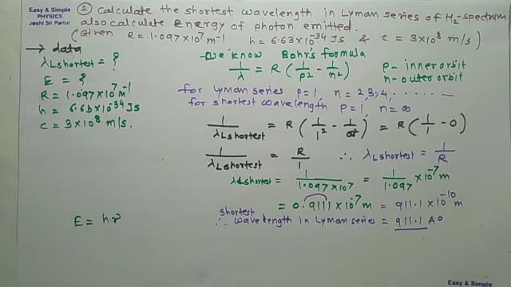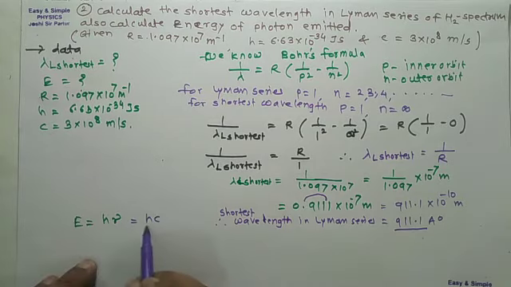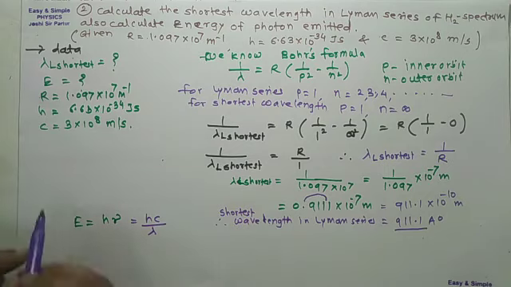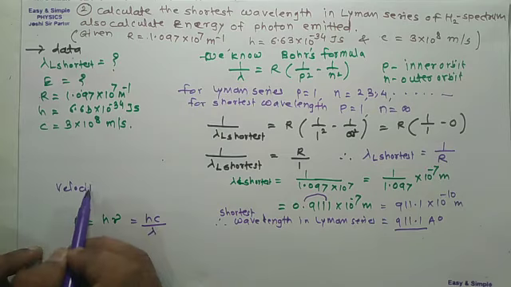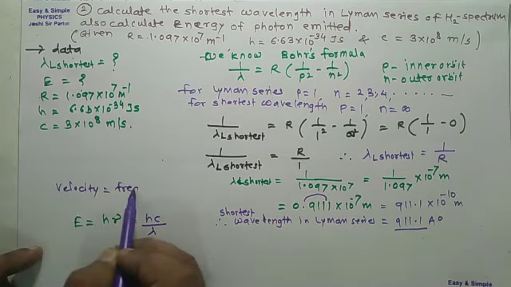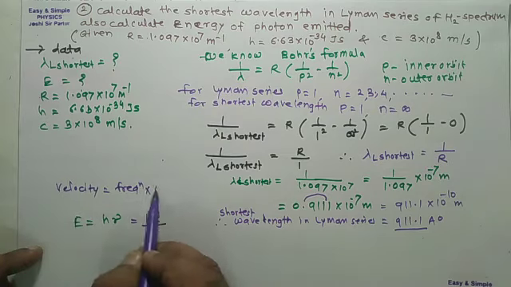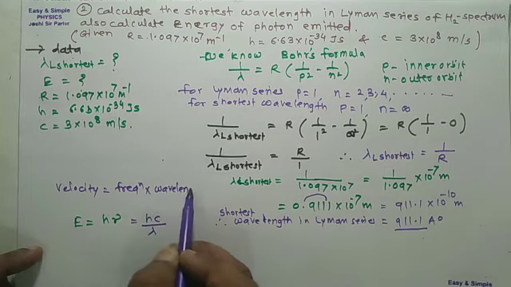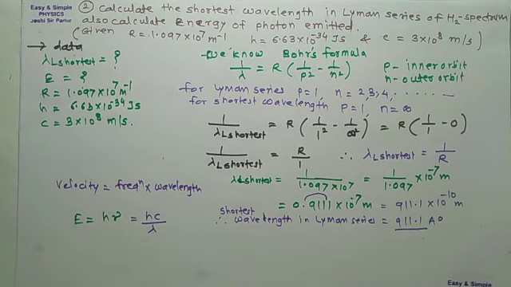According to Planck's quantum theory, energy equals h nu, which is equal to hc upon lambda, because velocity is equal to frequency multiplied by wavelength. Nu is the frequency, so frequency equals velocity upon wavelength.